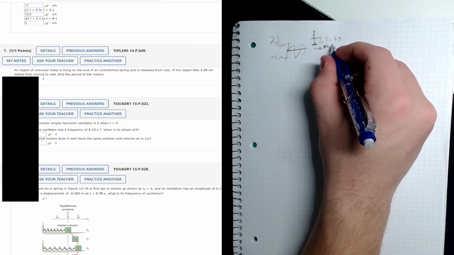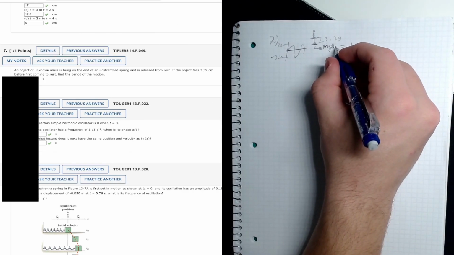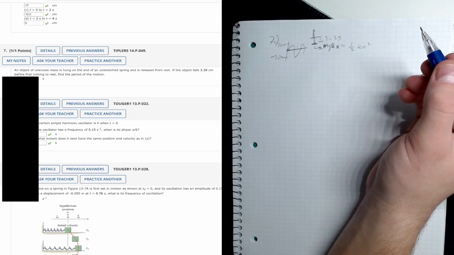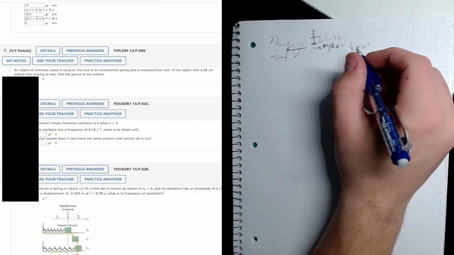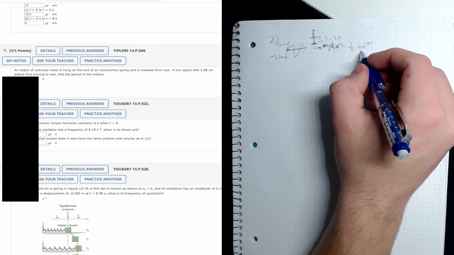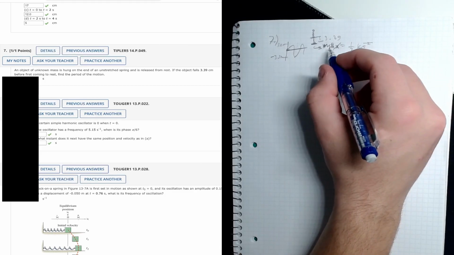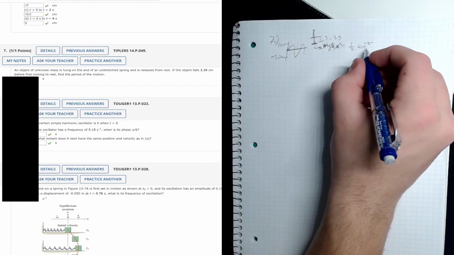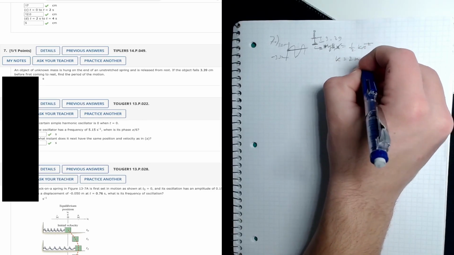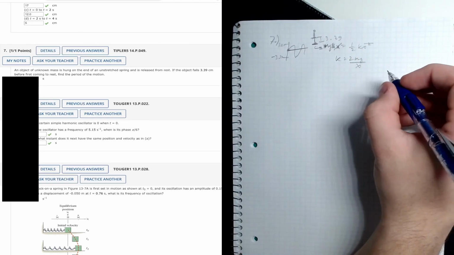H is going to be x in this point, I suppose, right? Yeah. We're left with k equals 2mg over x. K equals 2mg over x.